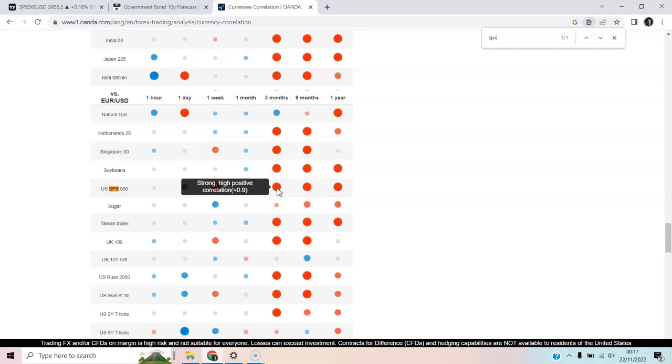So this is almost 1 to 1, so highly positive, which means they run in the same direction together. So euro to S&P 500 is very strongly correlated on a weekly basis at the moment, and also on a 3-month, 6-month, and 1 year.